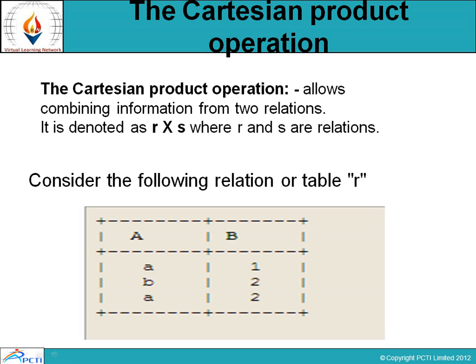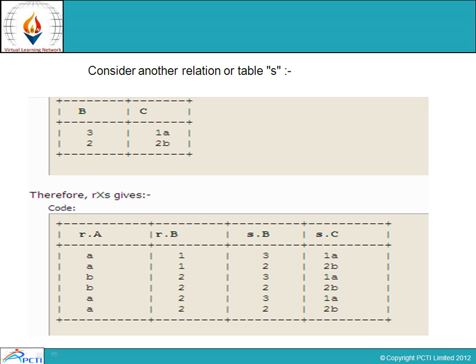And the last one, I take again A with the B value 2, combined with the S relation as 3 as well as 2. So it combines the relations, showing the total number of possible combinations from both relations. This was the Cartesian product relation.